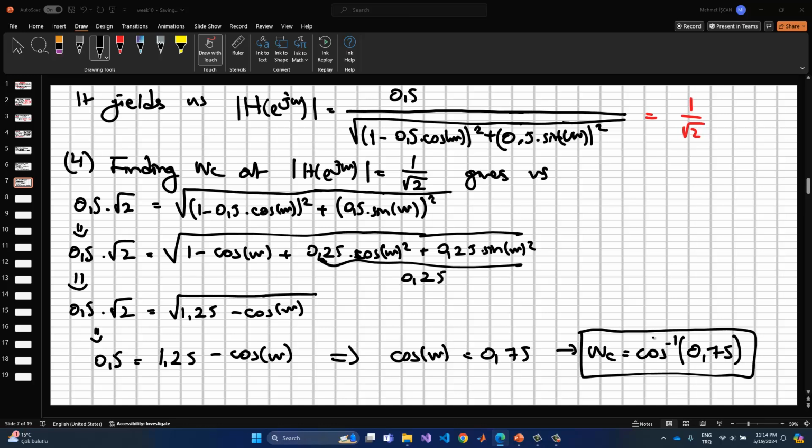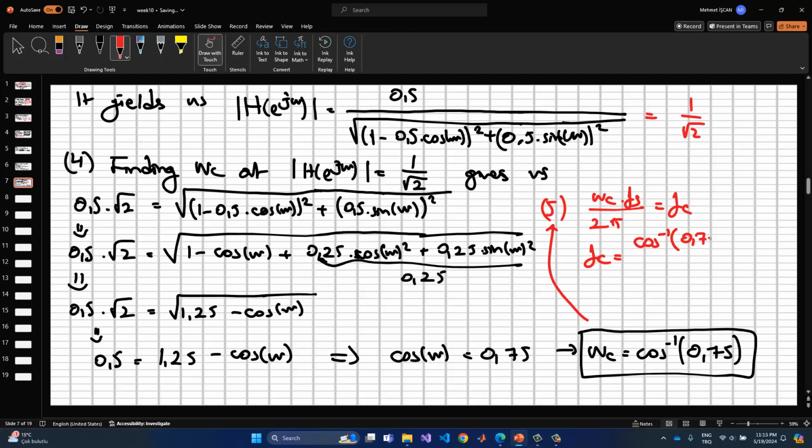After that we need to convert these terms, as this is the result of our solution. w_c times Fs divided by 2 pi must be equal to Fc, and so Fc can be written as arc cosine of 0.75 times Fs divided by 2 pi.